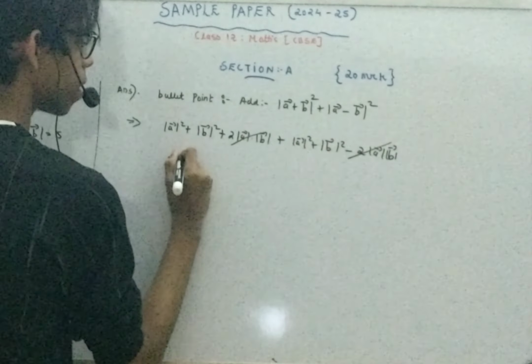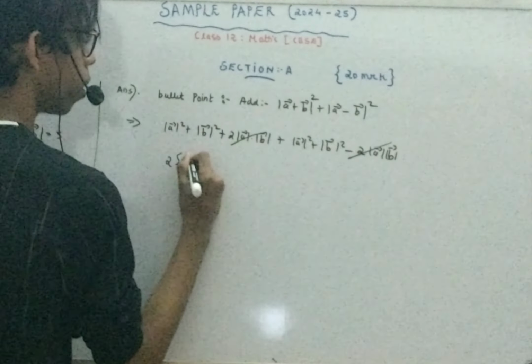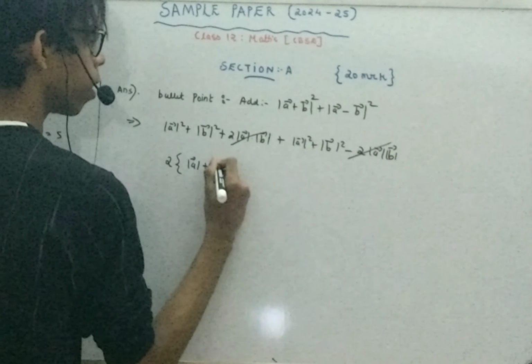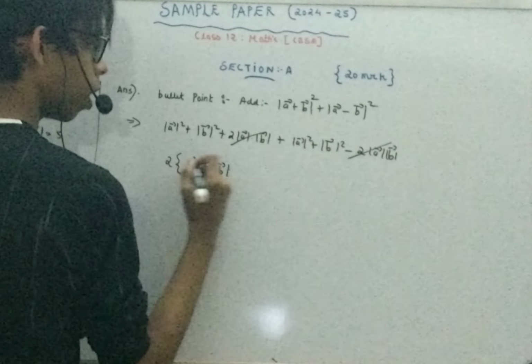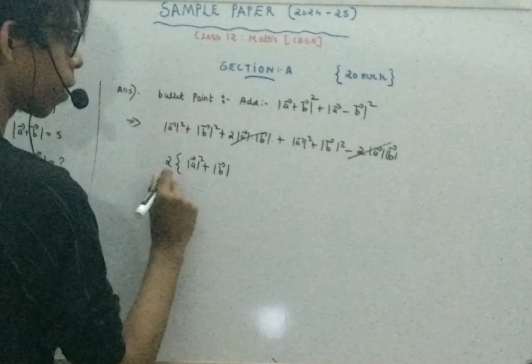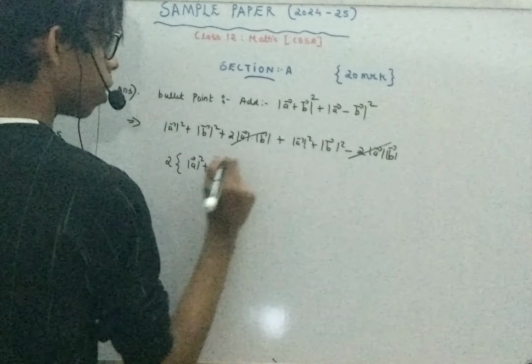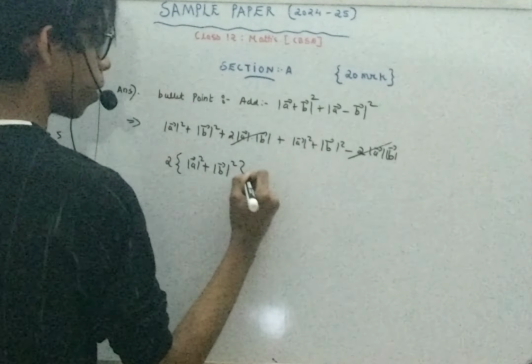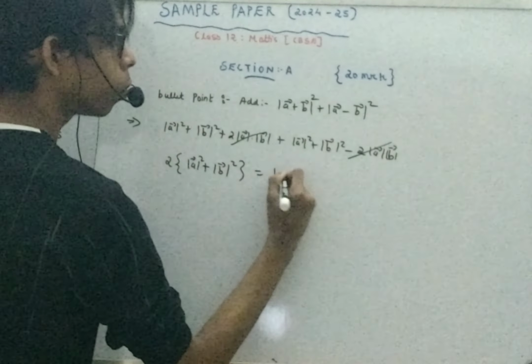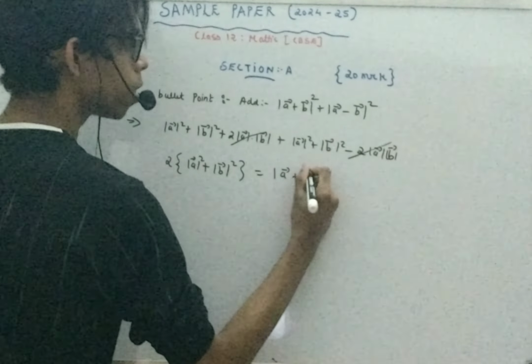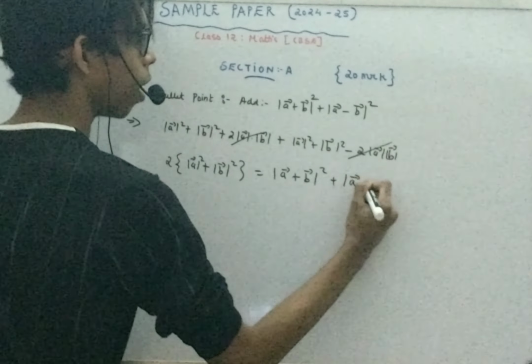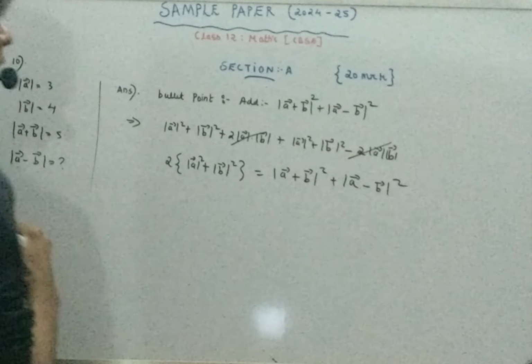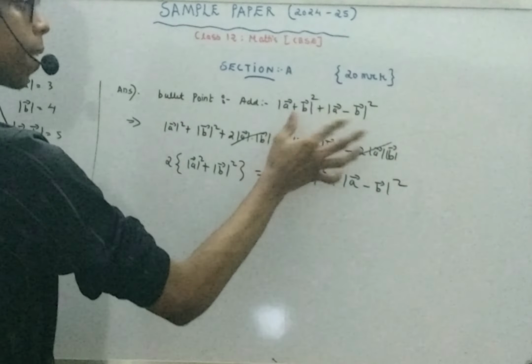So we can write it as twice of magnitude of A square plus magnitude of B square, and this is equal to magnitude of A plus B the whole square plus A vector minus B vector the whole square. Basically we just expanded this, cancelled, and wrote it like this.